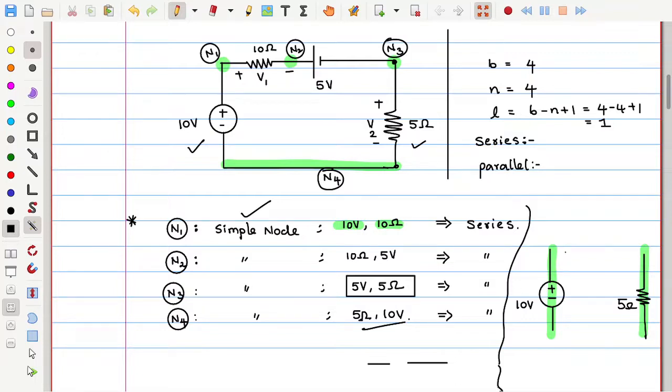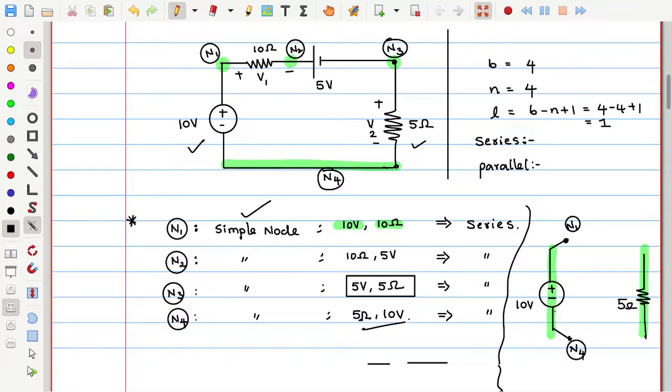If elements are side by side, we cannot say it is parallel. A certain condition must be satisfied: those elements must have the same pair of nodes. I told you the child-parent analogy. If this element is the child and its parents are the nodes, let us say one side node is N1 and the other side node is N4.